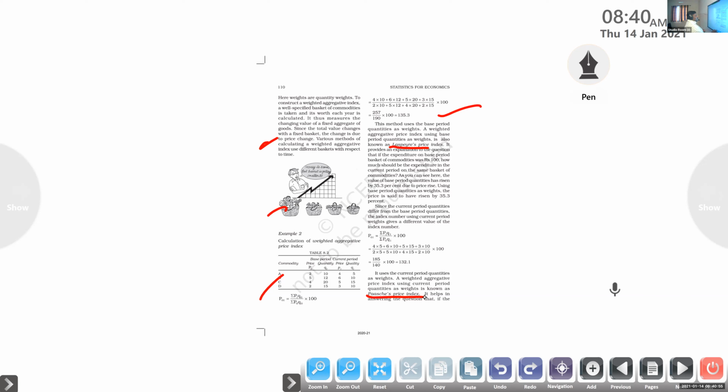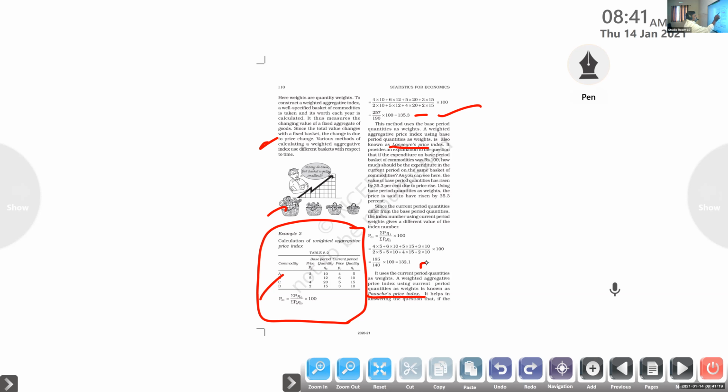One table will be given in the examination as a question, and we'll ask you to calculate these 2 types of price index. One uses quantity from the base year, the other uses quantity from the current year. I hope this idea is clear for you, right?